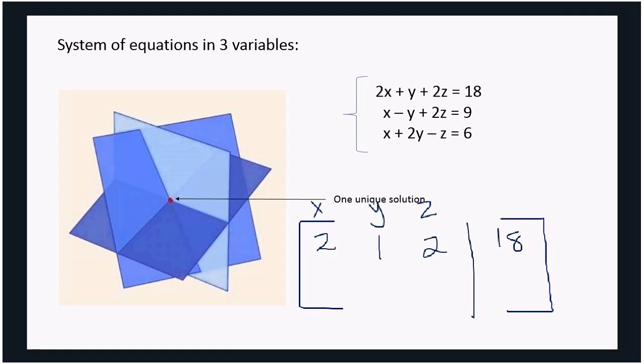So for instance, if I just finish this quickly, -1, 1, -1, 2, and 9 represents that second equation, and 1, +2, -1, and 6. And you notice that I've kept my signs of the coefficients. That's really important in my matrices.